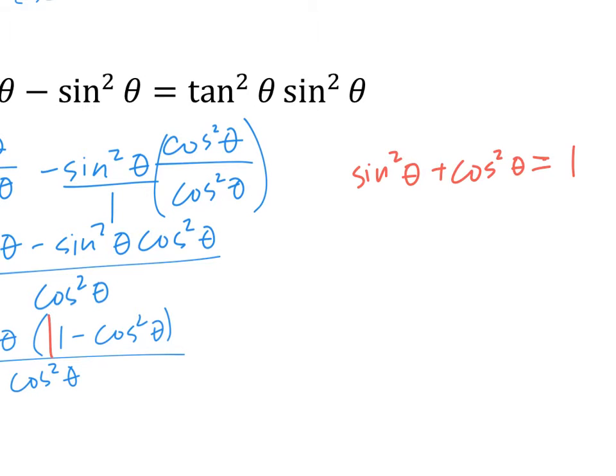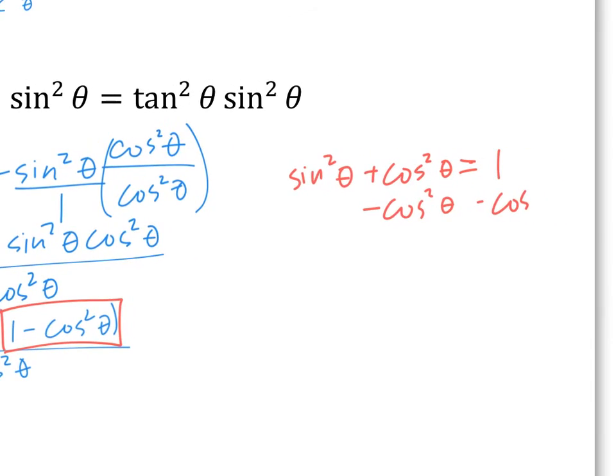So can you see where this 1 minus cosine squared might come from here? Yes, so what we can do is subtract cosine squared on both sides. So this identity is not a fixed identity. It's not only one way I can use it. I can move it around any way I want, as long as both sides are equal, right?